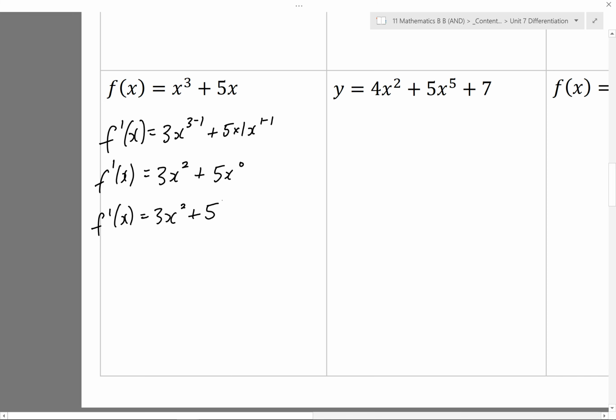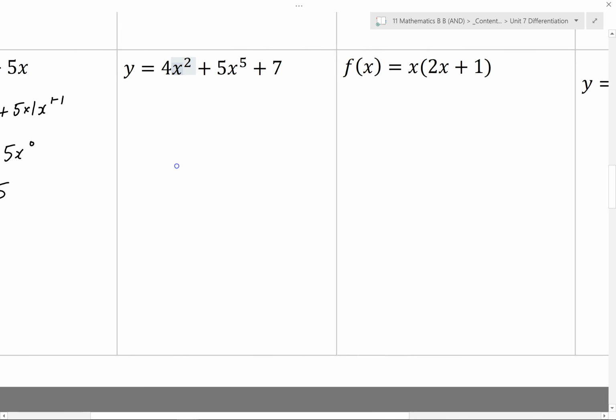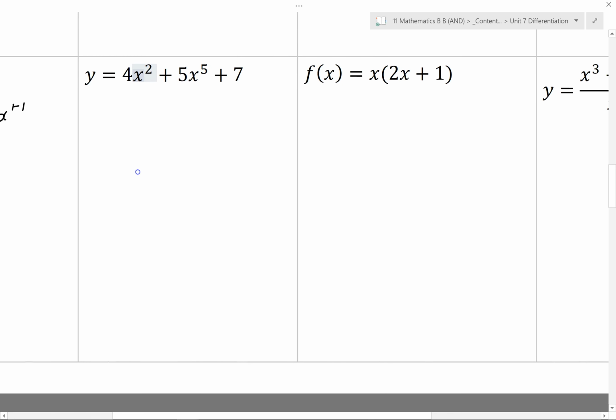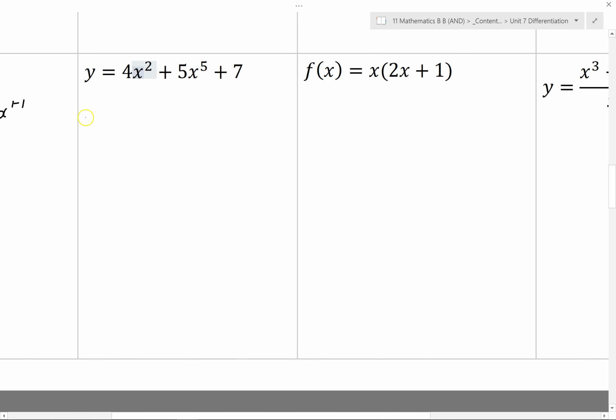I expect that you can probably skip down to this step by the end of this lesson. We don't need to show all these details. In fact, for the next ones, I'm not going to show that level of detail. I'll try to differentiate this since they're all just individual terms which I can differentiate. Should be okay. So the first one, 4 times 2 is 8, and reduce the power by 1.